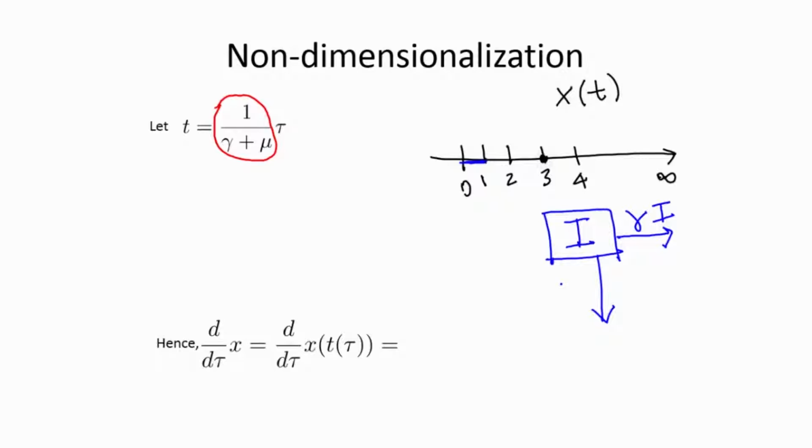Another way out of I was mu I, by dying, not necessarily due to disease, but by dying.